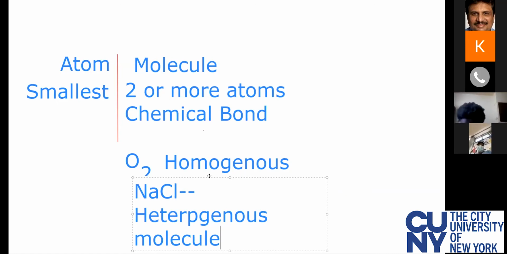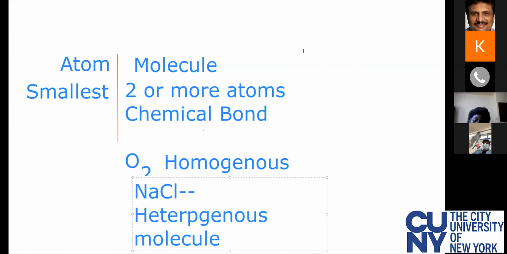To enhance stability, right? By itself, an atom could be not stable, but when it enters to form a molecule, it becomes more stable. That's the intention behind an atom going to form molecules, to attain more stability with respect to its existence. So that's the difference between an atom and a molecule.